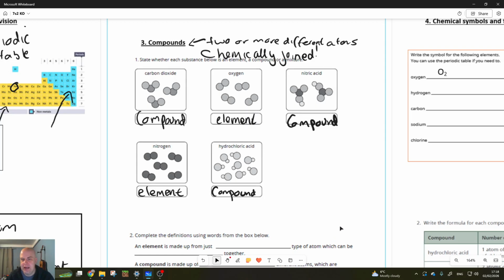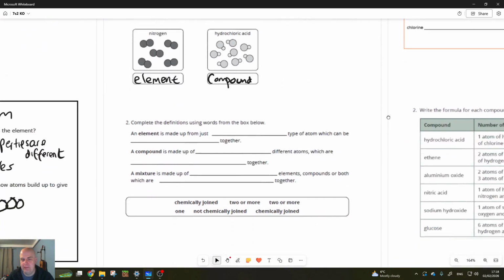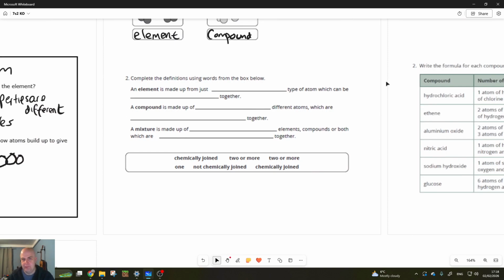Now we have a little bit of filling in the blanks here, using these words down here. An element is just made of one type of atom, which can be chemically joined together. Cross them out so I know I've used them.